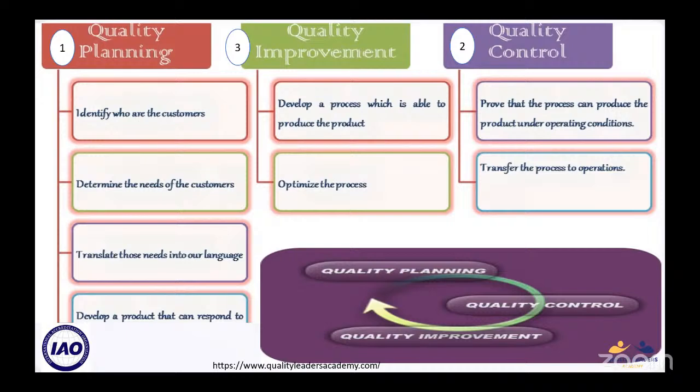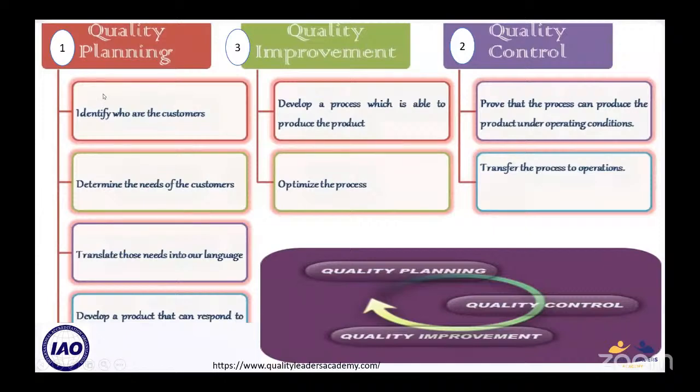First, look at quality planning. Quality planning is where everything begins. Juran said you cannot control or improve something that was never designed for quality in the first place. So before anything else, you must plan for quality, right? Now let us go step by step into all three.